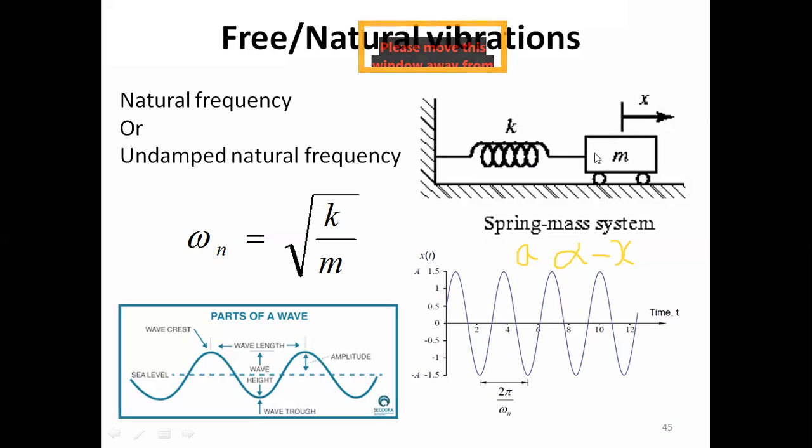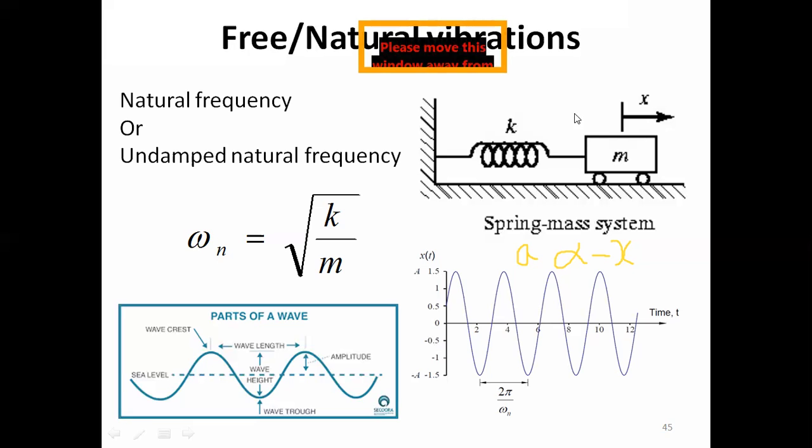The spring would be pulling the mass, so it would be retracting back towards the mean position. It would reach the mean position, and then the inertia would further move the mass towards the other extreme position. So here we would have the other extreme position.